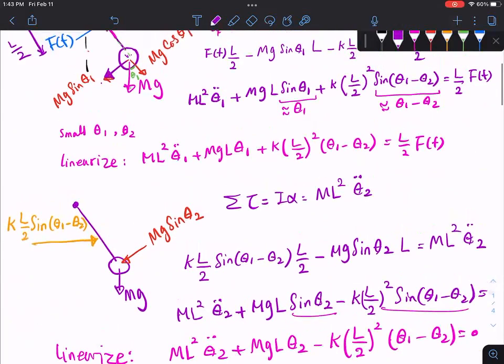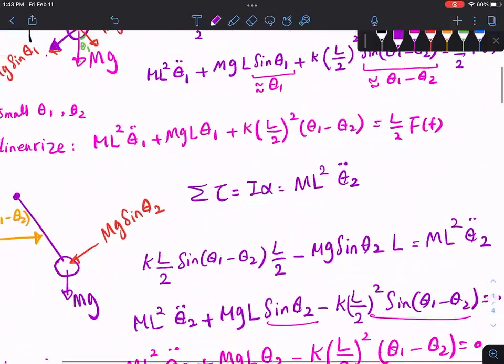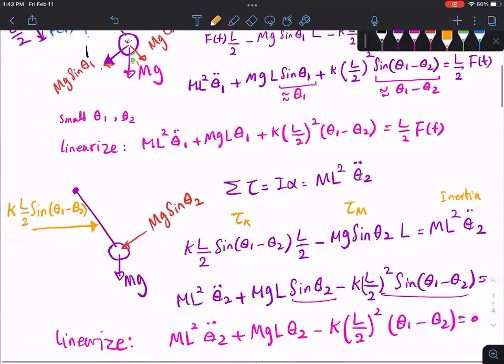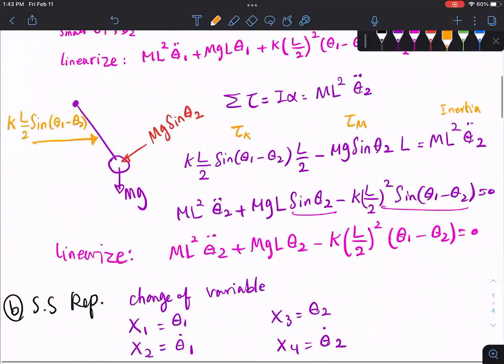Now, writing the equation of motion, we have torque here. So I'm going to write a torque from K. This is torque from our mass, and this is our inertia, right? So writing that, and then if you continue simplifying and assuming small theta 1 and theta 2, we can linearize this, and we get to the second equation.